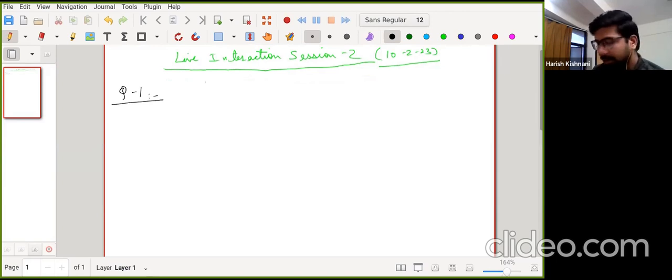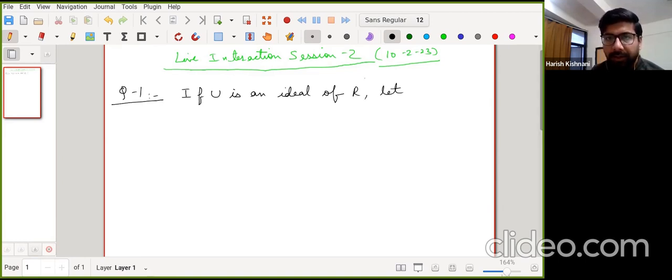For the first question, let's say U is an ideal of a ring R, and this is a commutative ring with unity. Anyway, in our course, by ring we just mean a commutative ring with unity, so no need to again specify the commutative and unity part.